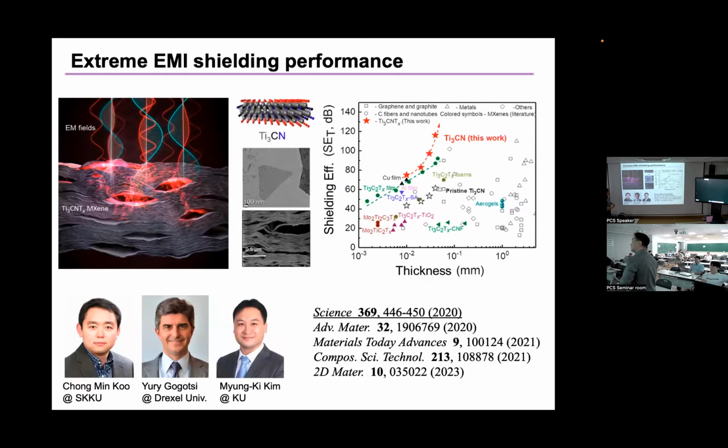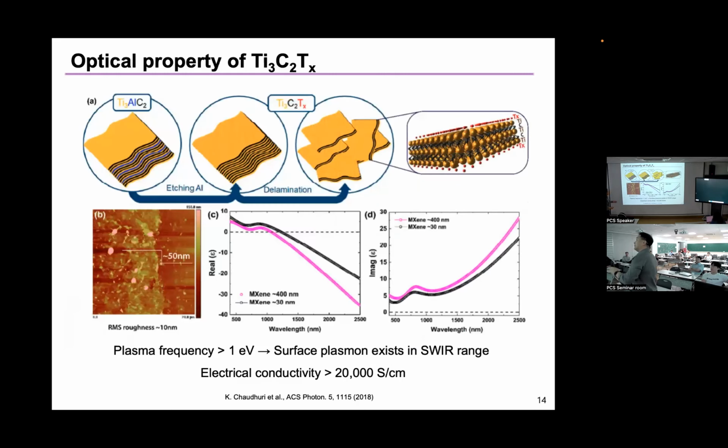We show the large electromagnetic shielding effectiveness of this MXene structure due to the very large electron density, or large conductivity, of this MXene.